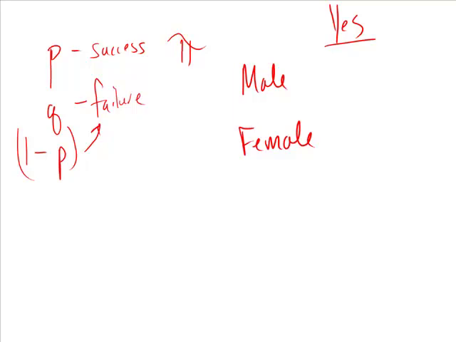And our success could be how often you vote for somebody, or whether or not you voted for somebody. So, for example, did you vote for Bill Clinton in 1996?